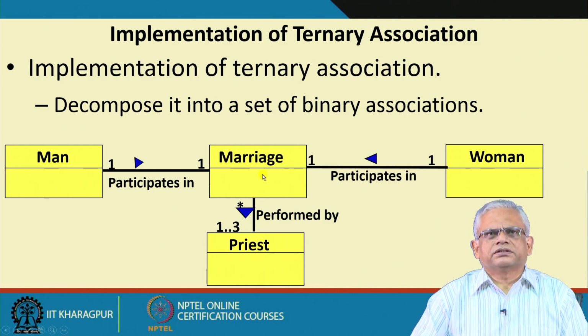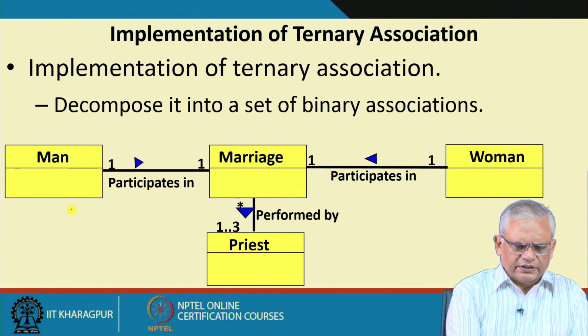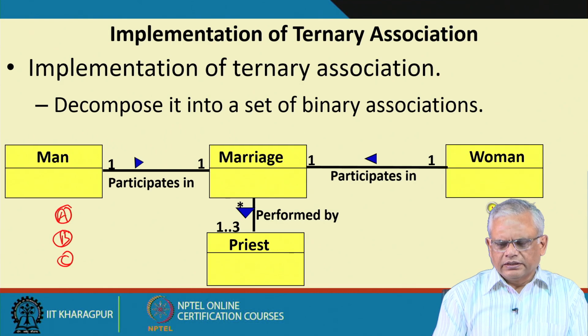So that is a marriage object of man, let us say A, marriage object M. We can have several objects of man, A, B, C, and we can have women, L, M, N, and we will have different marriage objects created, M1, M2, M3.